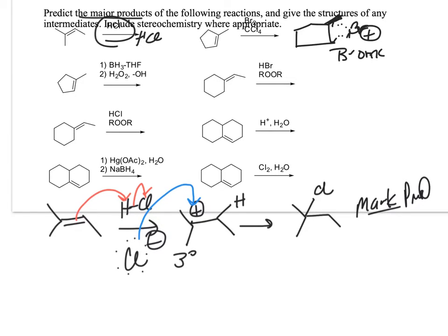So bromonium ion is a three-membered ring. Basically, what you don't see here is the bromine bond. This double bond will make this three-membered ring with bromine. Bromine is large, so it's kind of just coordinating with both of those carbons.